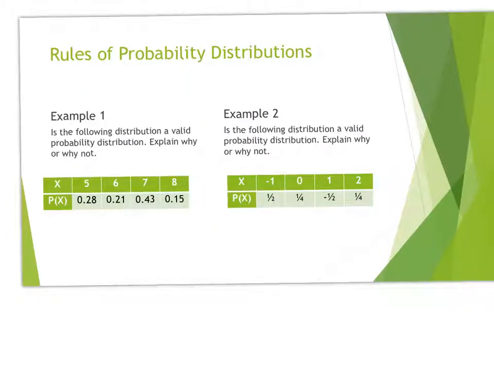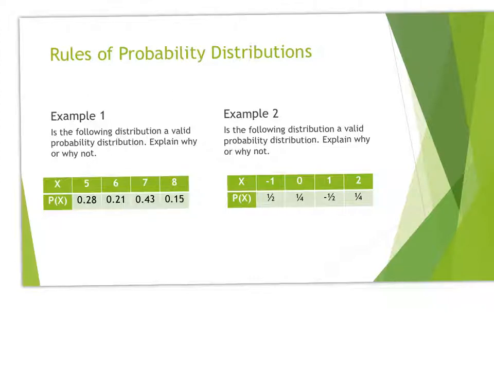Let's look at these examples and explain why they are or aren't valid distributions. Here's what we're going to check. We don't really need to know about the x values. What we're interested in are the probabilities, and they have to meet two conditions: they all have to be positive and less than 1, and they all have to add to 1. In this first set, these are all positive and less than 1. But let's add them up. 0.28 plus 0.13 is 0.41.